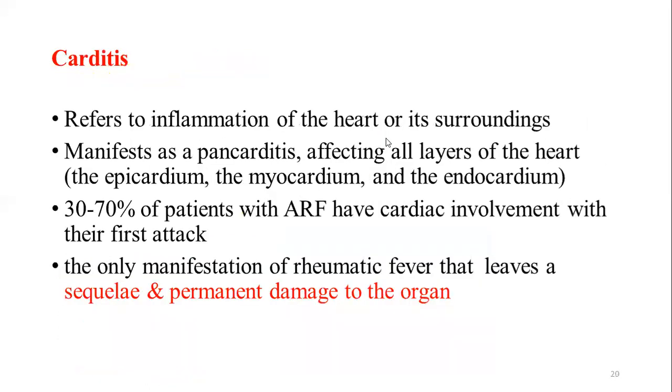Then the next is the possibility of having carditis. Remember, carditis is the major problem with ARF, which can cause valvular heart disease. It is inflammation of the heart and its surrounding structures, and mostly it presents as pancarditis.